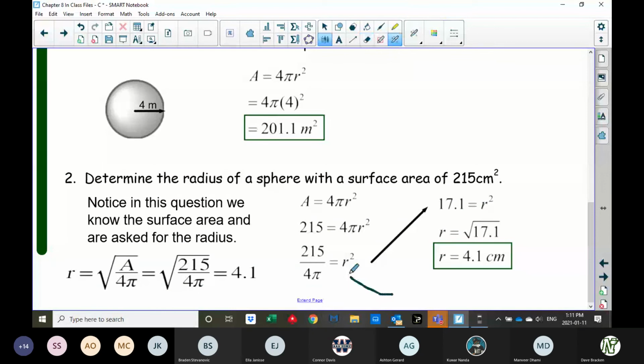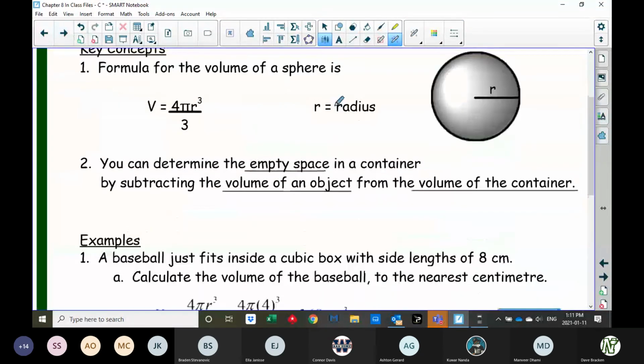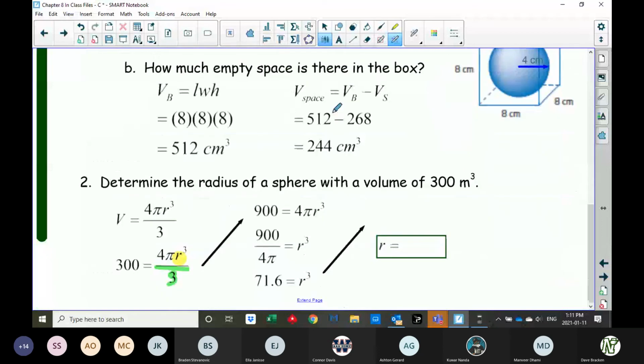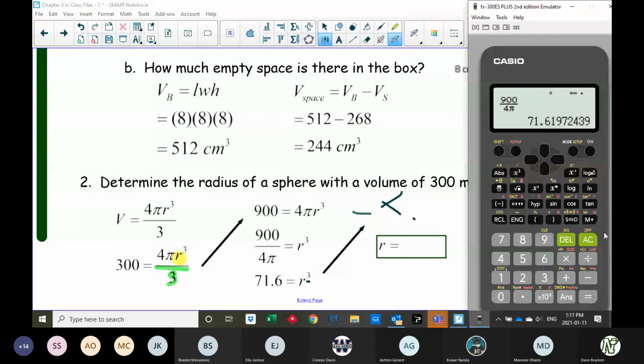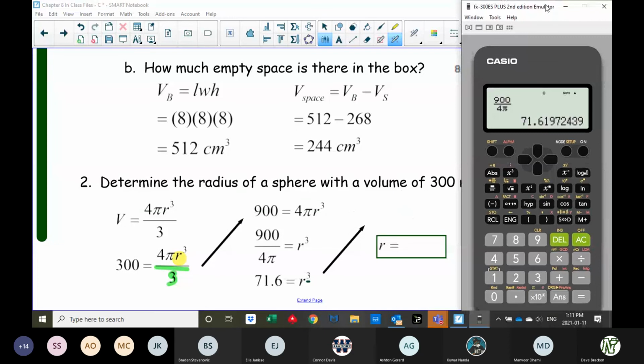The problem with this one is, do you see how we're cubing? We have to undo a cubed. So it's not something times something equals 71.6. It's something times something times something. It multiplied by itself 3 times. So take a look right here on your calculator.